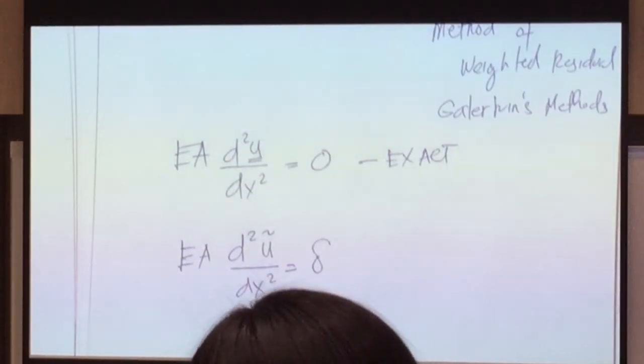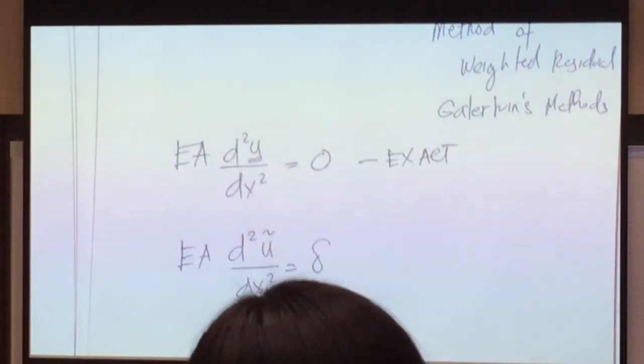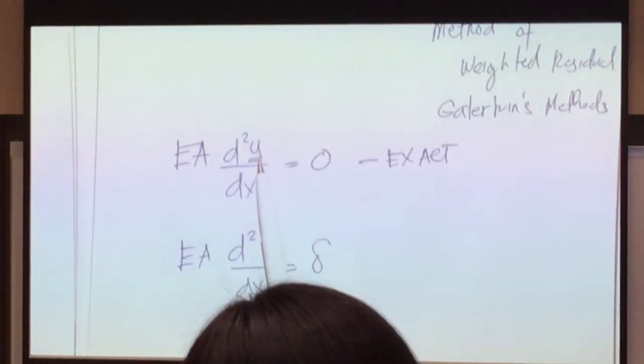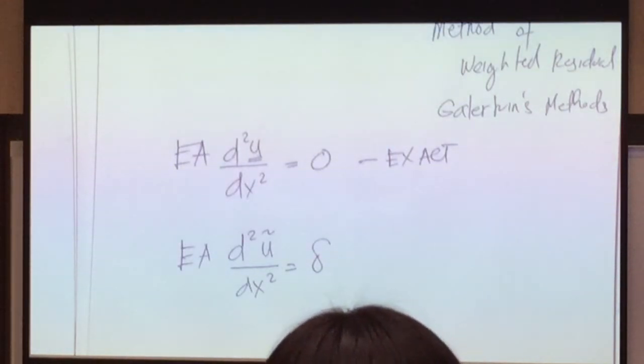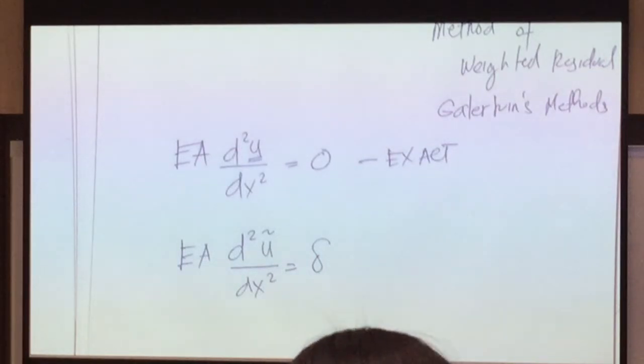Yes? So you have a person A here. You change it with a person B, will the result be the same? Definitely not. They can be very similar, but the results are not the same. That's the meaning of this one here. So what does the method of weighted residual mean?